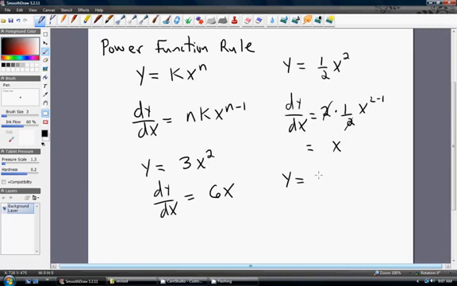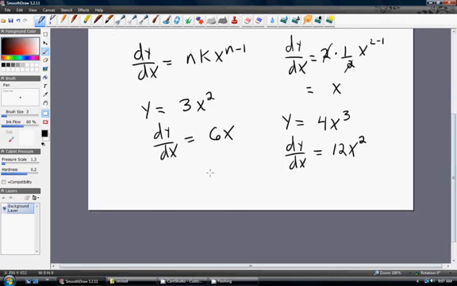Do some more examples here. Bring down the 3 in front. 3 is going to be multiplied by 4, so you get 12, and you'll be left with x squared. Do another example.